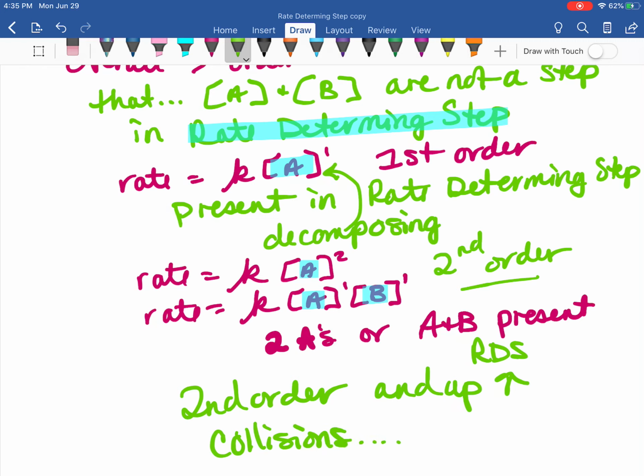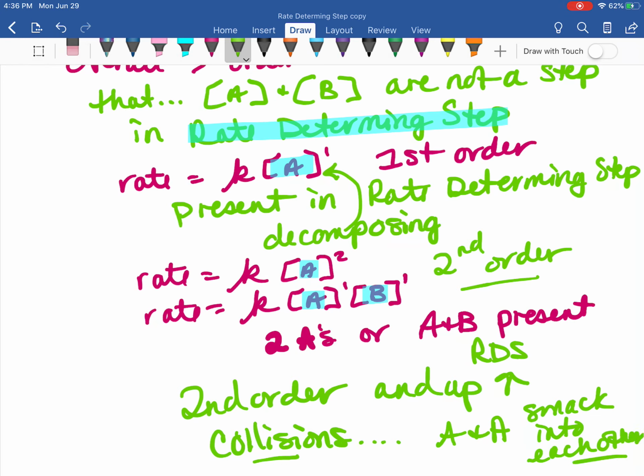So let's review. Zero order, not present in the rate determining step. First order, whatever it is, it's decomposing. Second order and up means that these are collisions. So you would have to have an A and a B smack into each other for that reaction to happen. Isn't that awesome?